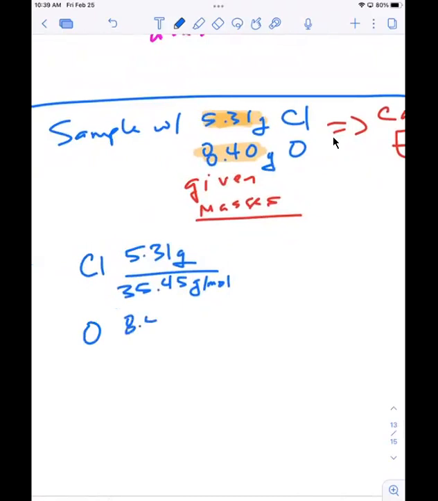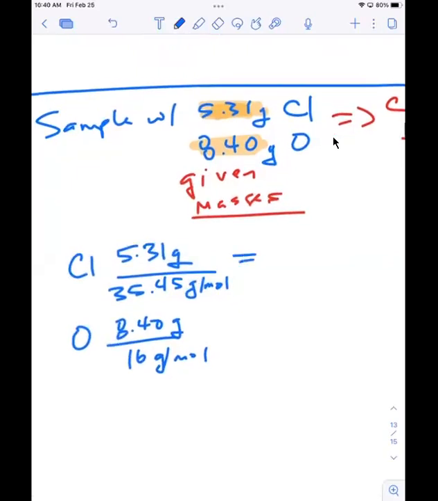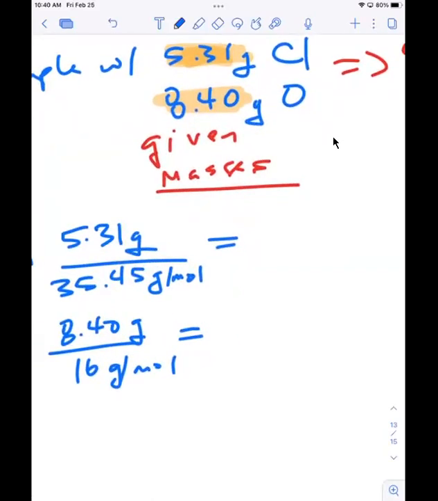8.40 over 16. And this is grams and grams per mole. It's very important to keep those units. Otherwise, everything is going to get lost in the sauce because what we're trying to find is the number of moles of each one of the components, right? So what do we get for chlorine? Anybody got that?